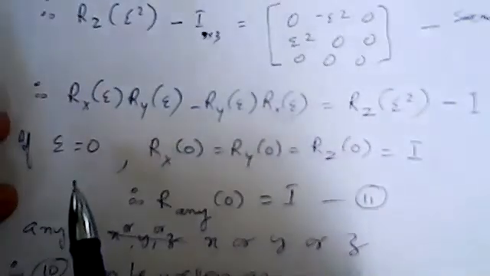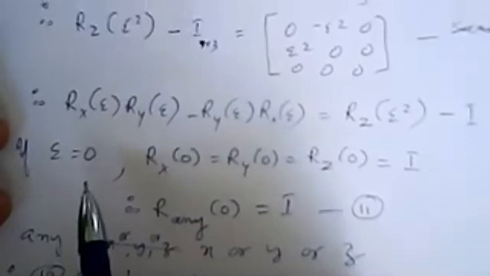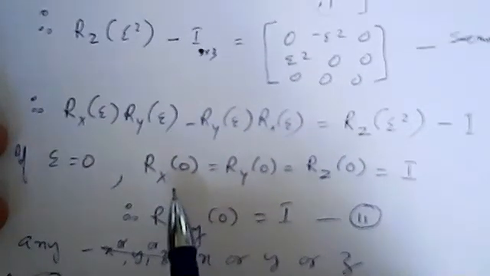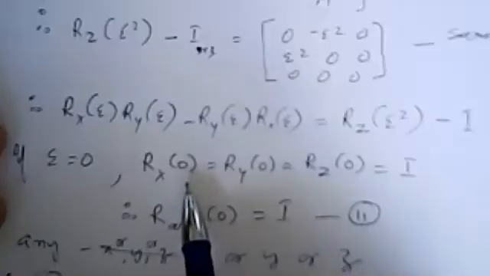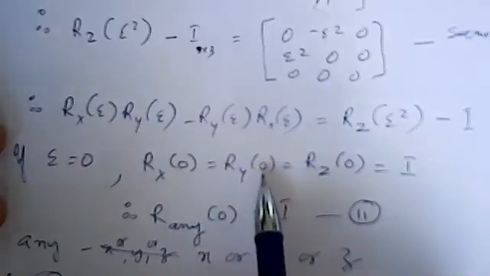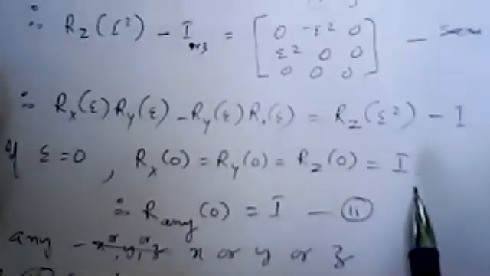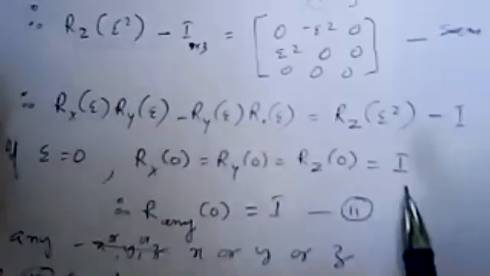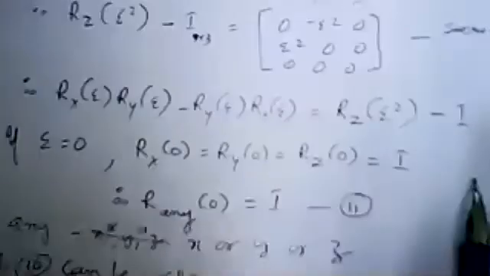Now, if epsilon equals 0, what happens? That angle is 0. Then Rx 0, Ry 0, Rz 0 is nothing but I, the unit matrix. Unit matrix means it does nothing, no rotation, so zero angle rotation.